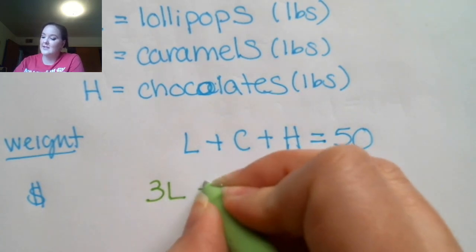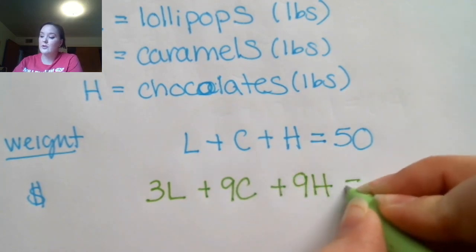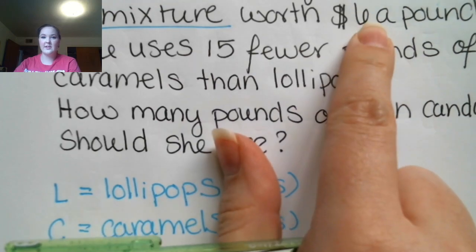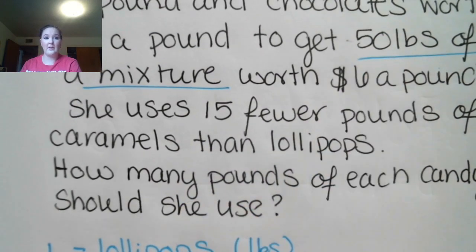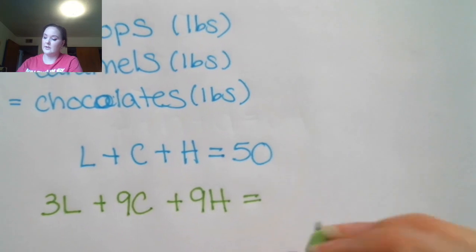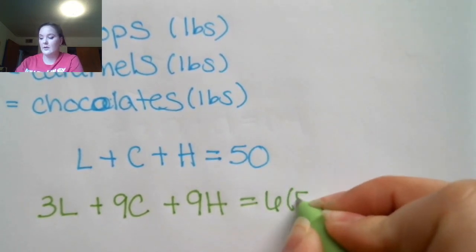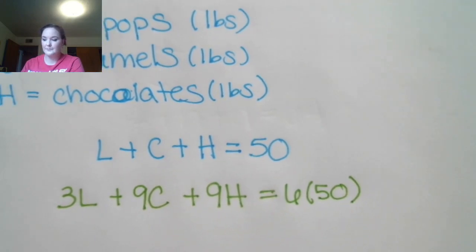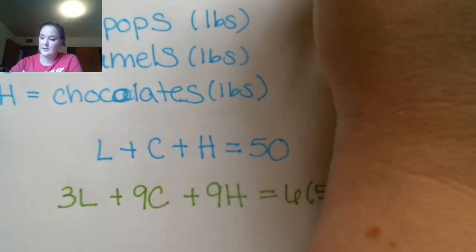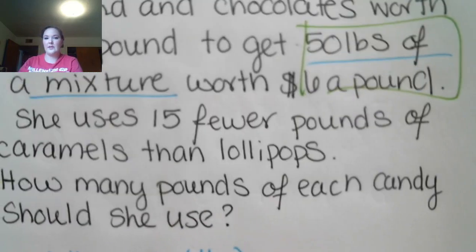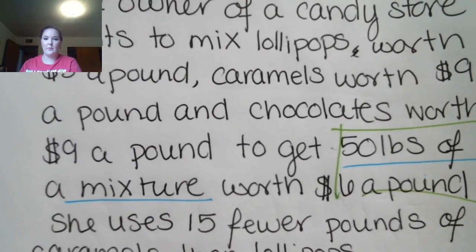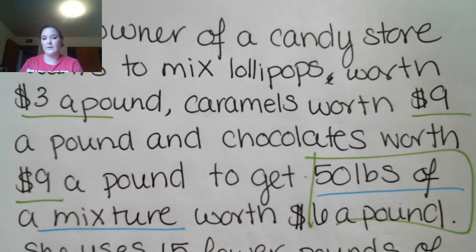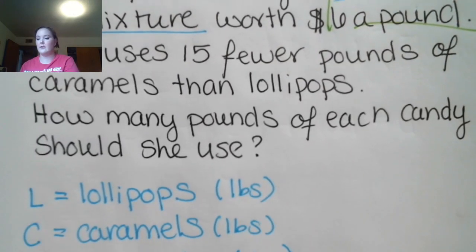When we add these together, we should get the total value of the mixture, which is $6 a pound, 50 pounds. So we're using both of these pieces of information along with the cost of each candy to write that equation.